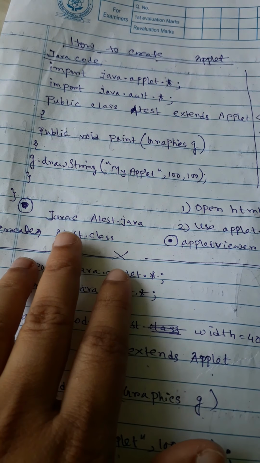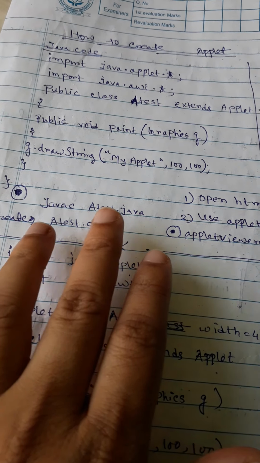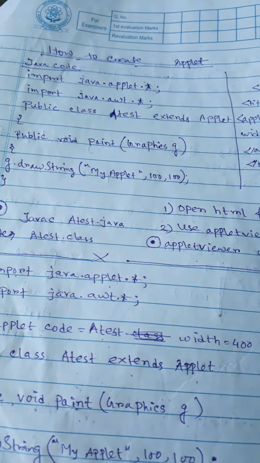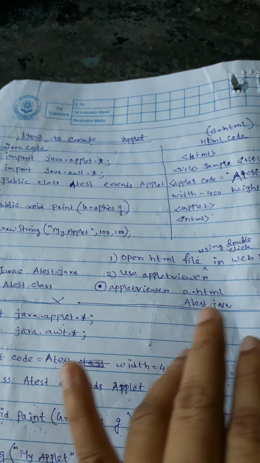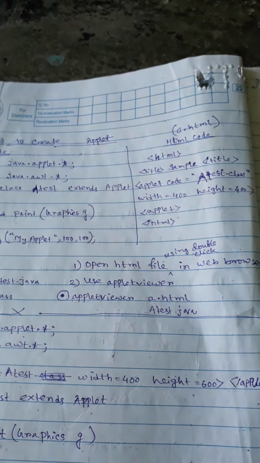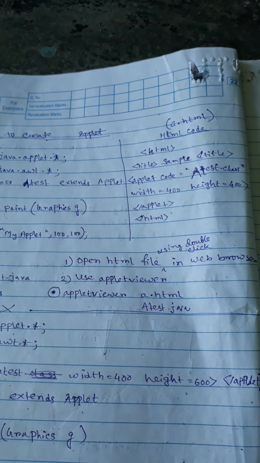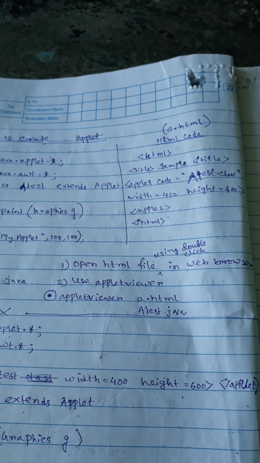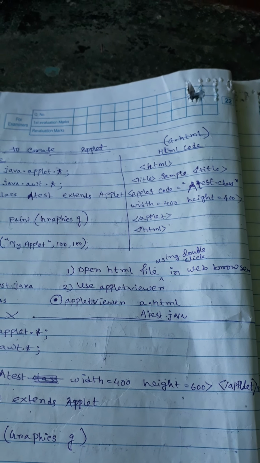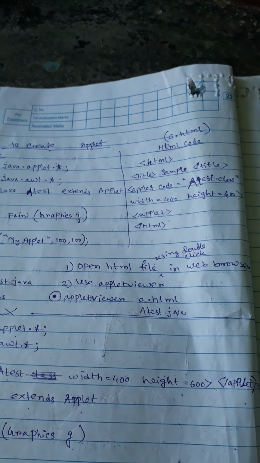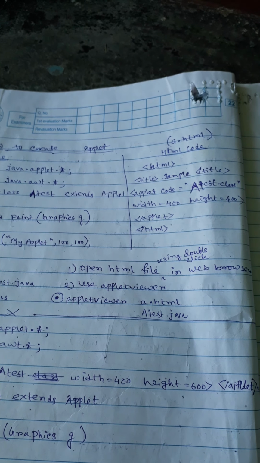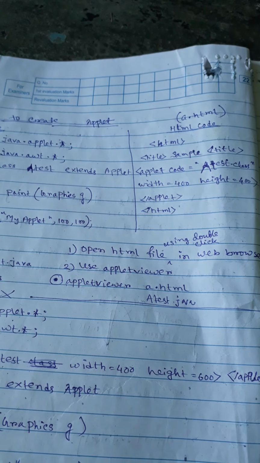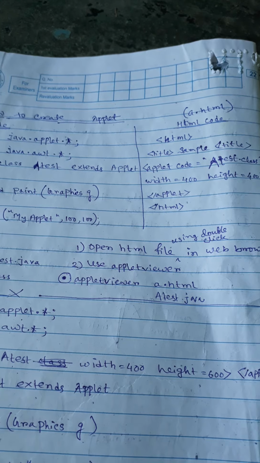Then using javac and the class name, you can compile. After compilation, you can externally open the HTML file and run it in your web browser. But sometimes the web browser gives a security error. That's why the applet viewer tool is used.